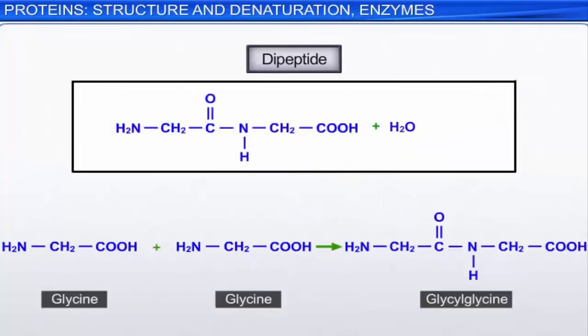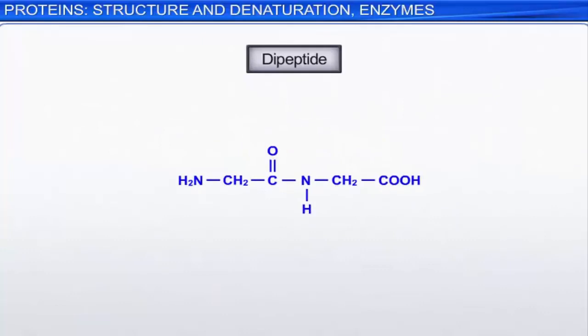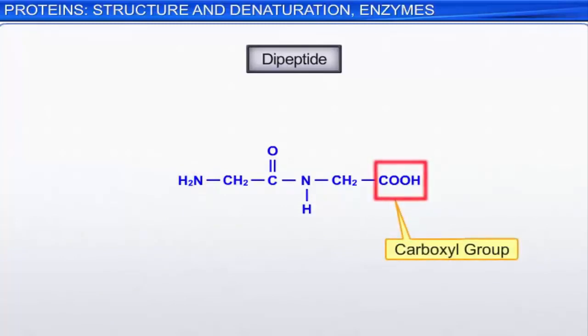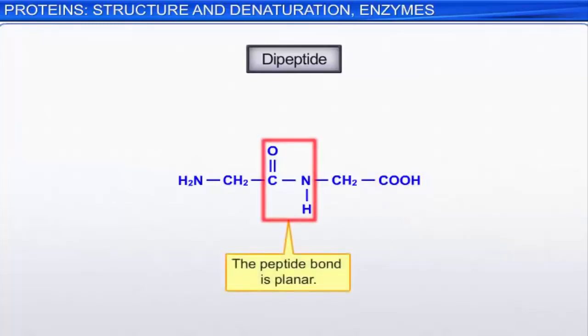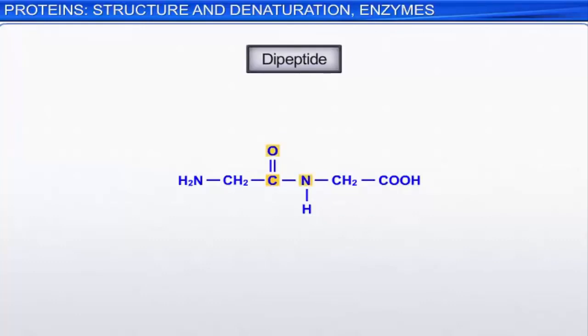Note that, by convention, the amino end is shown on the left and the carboxyl group is on the right of the resulting dipeptide. Also note that the peptide bond is planar. The C, O, N and H atoms are all in the same plane along with the alpha carbons.